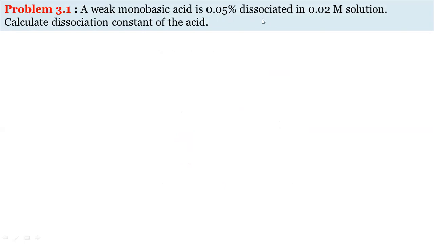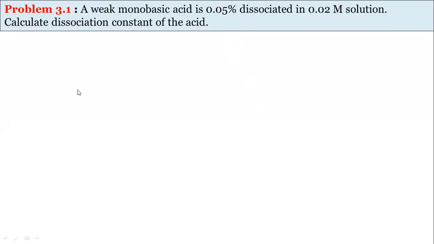0.05% dissociated. Here we can clearly understand the percentage dissociation is given because the percentage symbol is there. It is 0.05% dissociated in a 0.02 molar solution, meaning the concentration is also given and the percentage dissociation is also given.